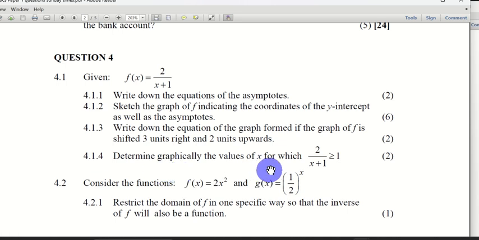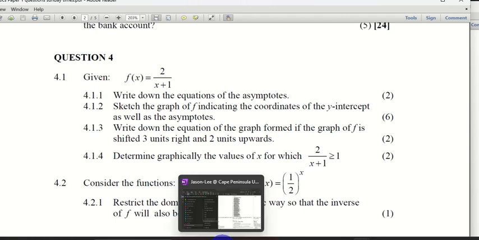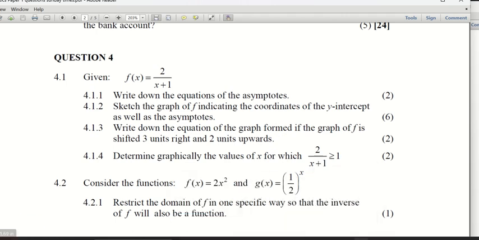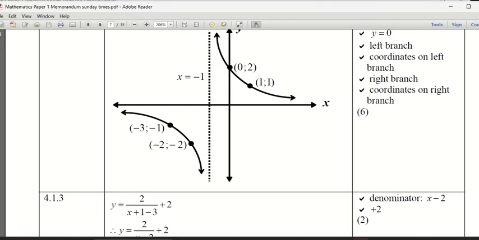Determine graphically the values of x where this graph is greater than 1. So technically, if you drew your graph well, you go to your sketch, and you can actually see it there. Draw a line or take a ruler and put your ruler on that 1.